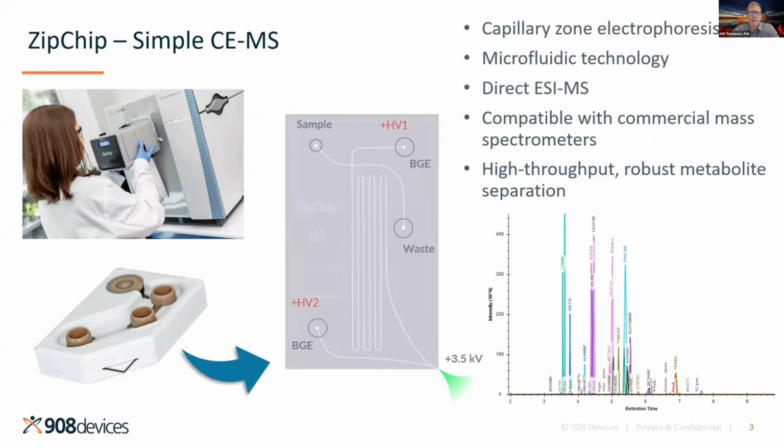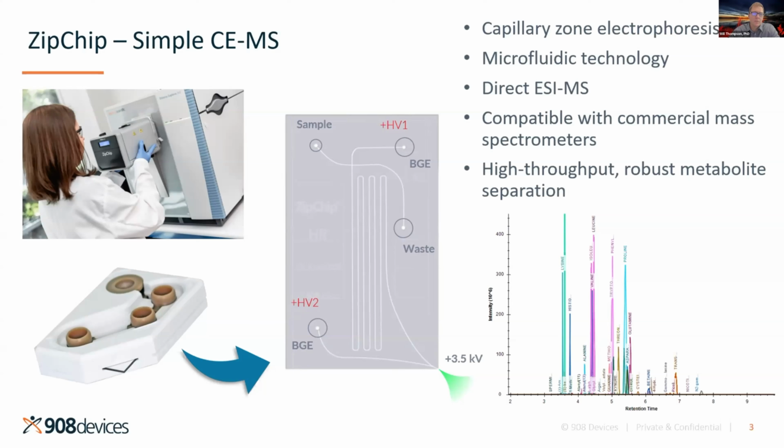Very quickly, many folks may not be familiar with how CEMS is used or commercialized by 908. The ZipChip is a front end capillary electrophoresis system. On the top left, you can see the ZipChip system and how it interfaces with the Thermo Exploris 240.